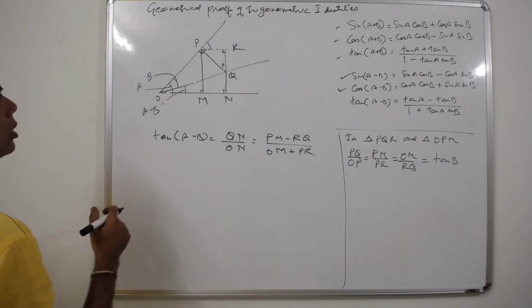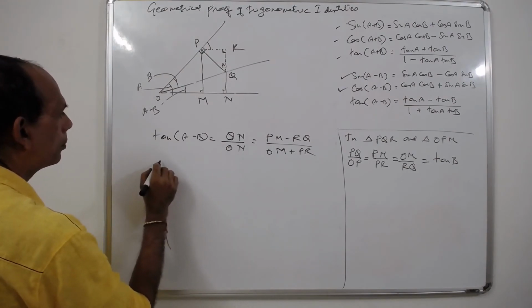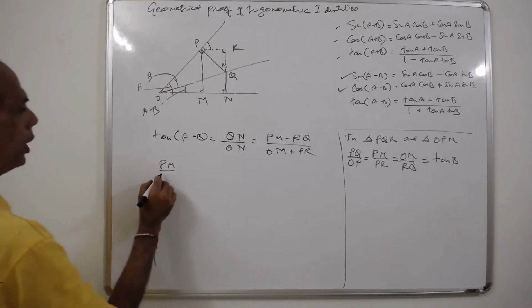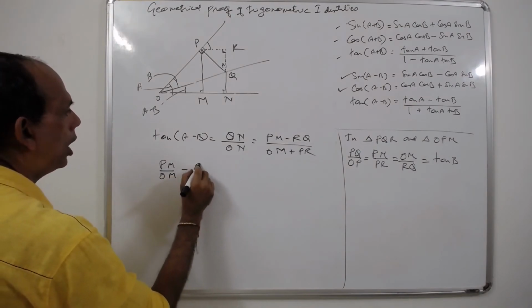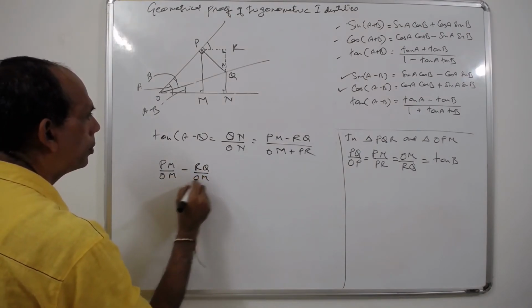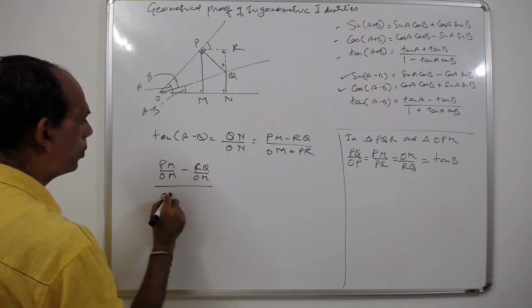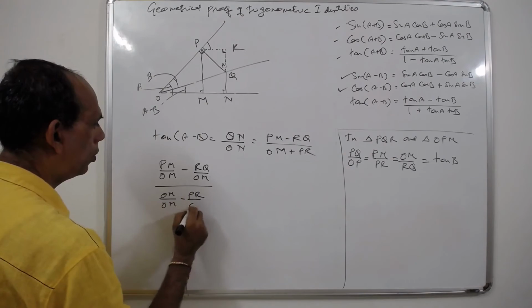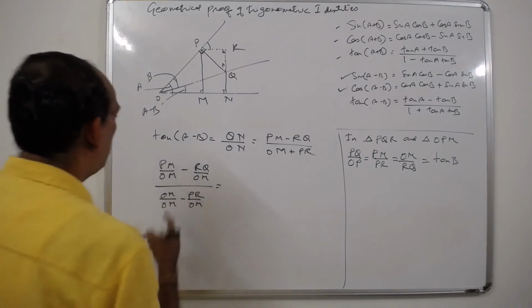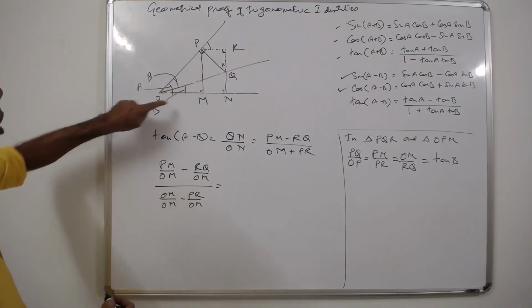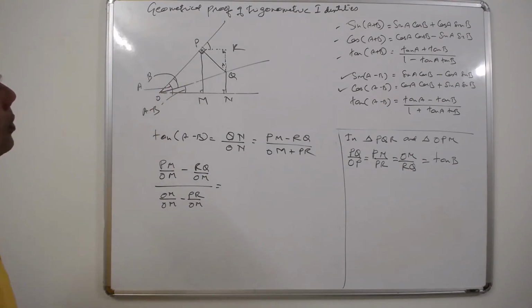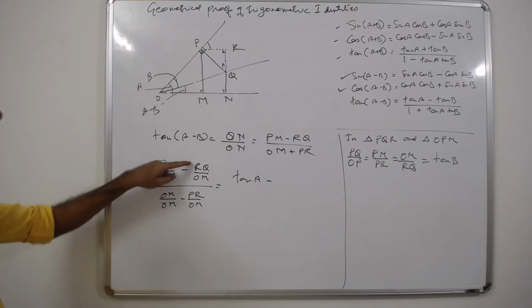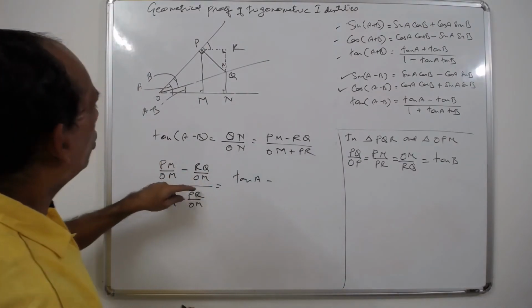Okay. So we have PM upon OM minus RQ upon OM, upon OM upon OM minus PR upon OM. PM upon OM is nothing but tan A, right? Minus RQ upon OM.